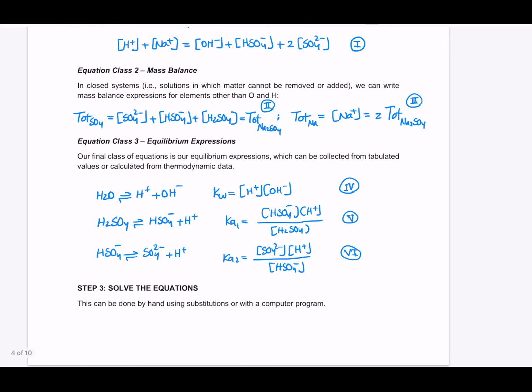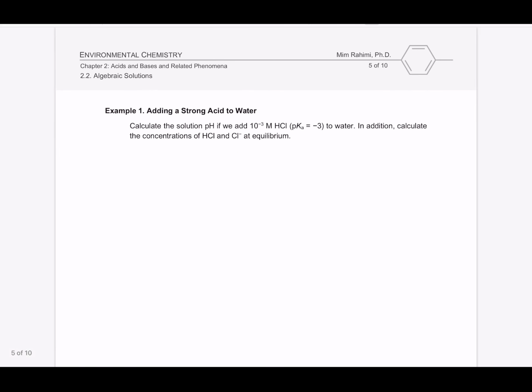Okay, so we start from the simplest scenario. I just want to highlight here in this example that this procedure can be applied all the time, from the simplest, where you can answer the question in less than 10 seconds, to very complicated situations when you have a more involved system.